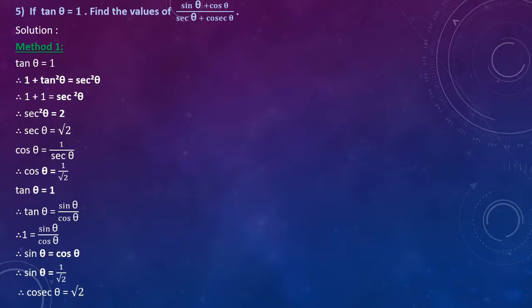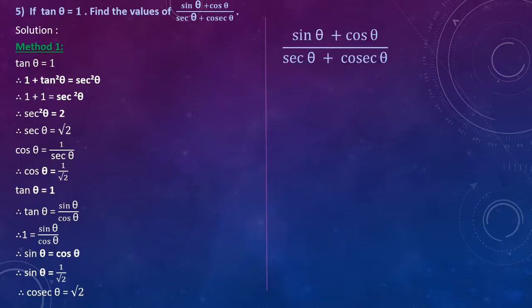Now we are going to substitute those values in the equation there. The equation is sin theta plus cos theta upon sec theta plus cosec theta, which is equal to 1 upon root 2 plus 1 upon root 2 upon root 2 plus root 2, which is equal to 1 plus 1 is 2.